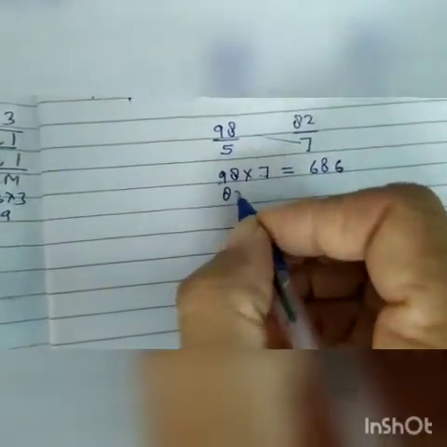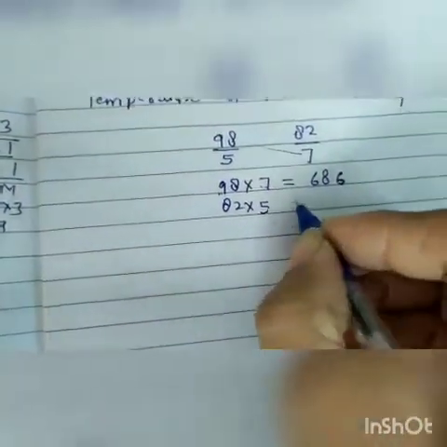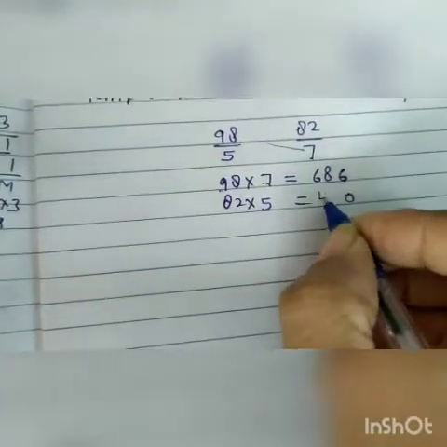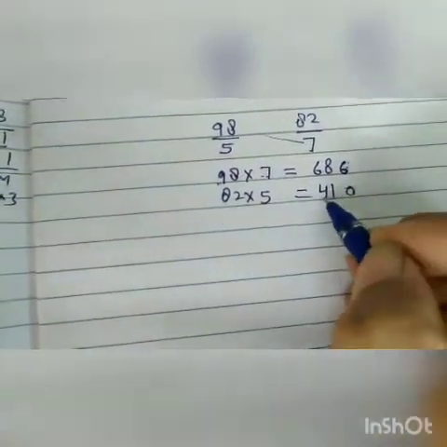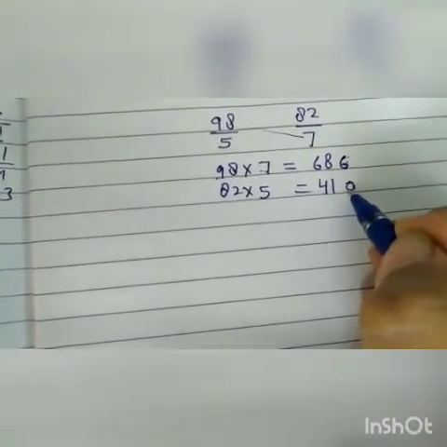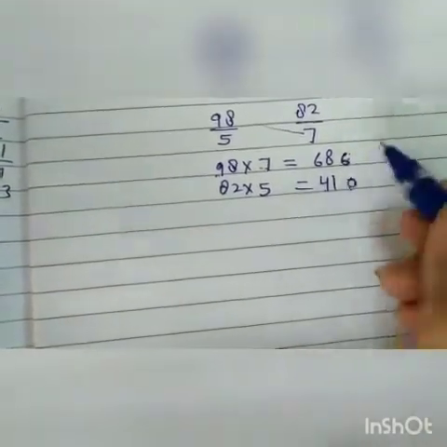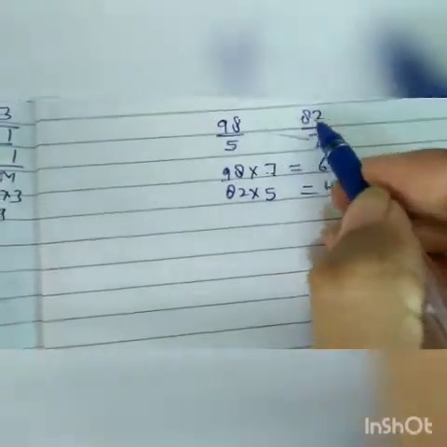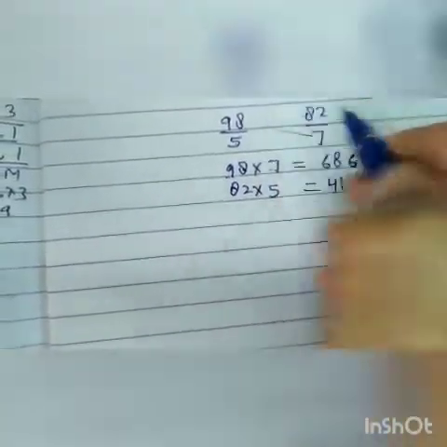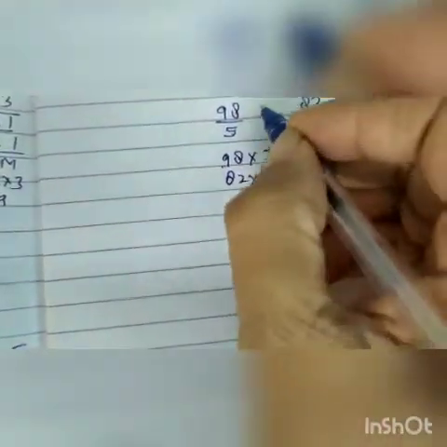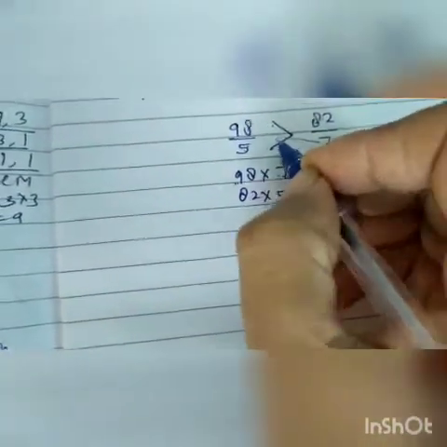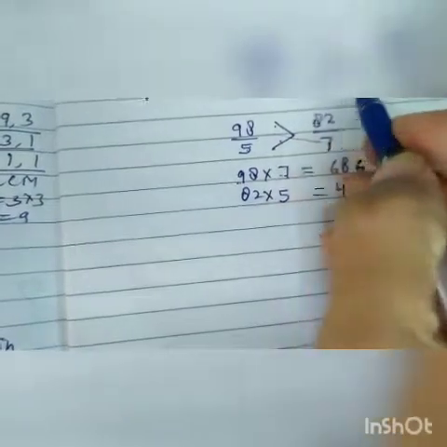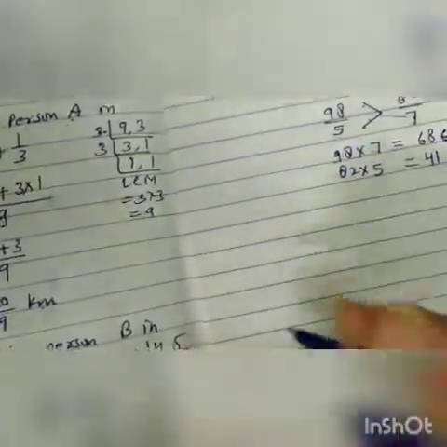And 82 multiply by 5. 5 2 are 10, 5 8 are 40, 41. Between these two products, this 410 is smaller than this 686. It means 82 into 5, this one is smaller and this one is larger. So it is clear that place Q has less temperature, so it is colder.